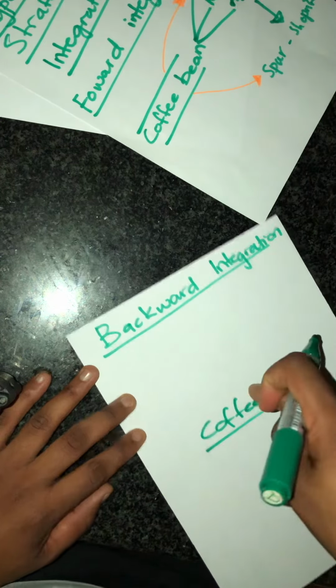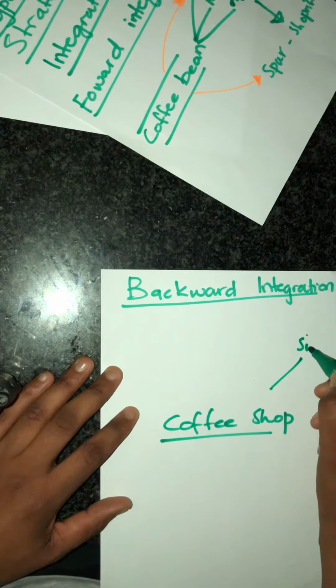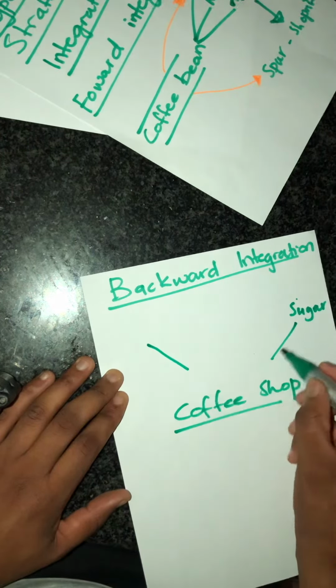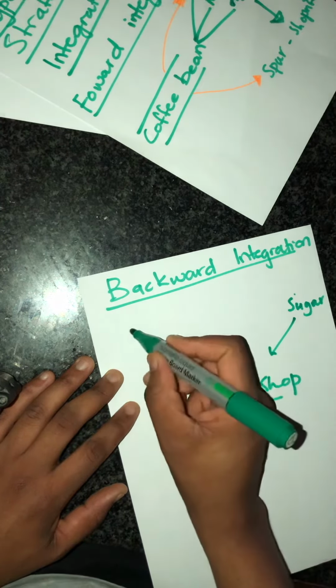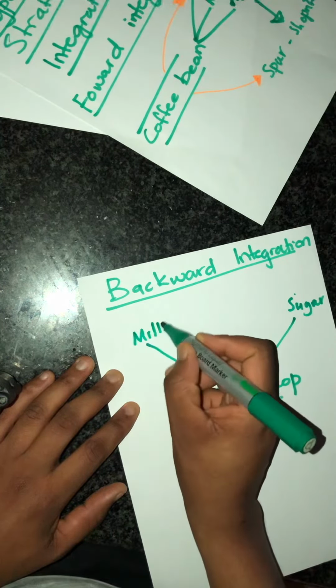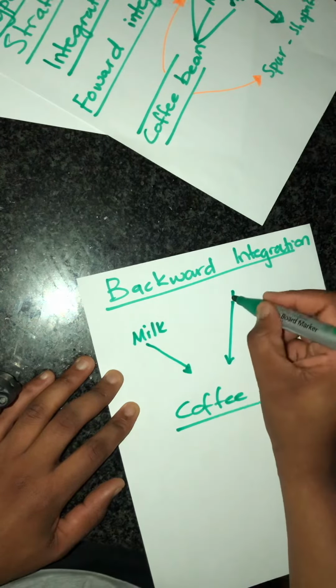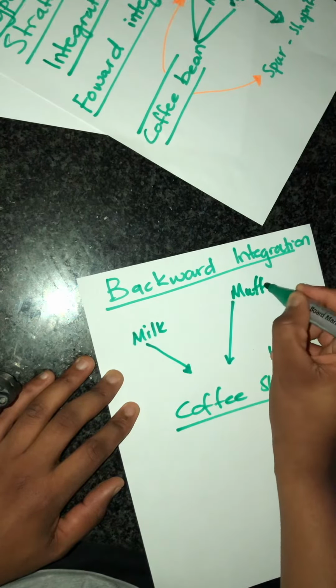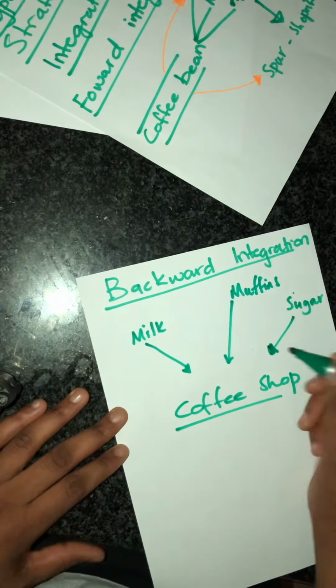Now, your coffee shop gets supplies of maybe your sugar, or your milk, and could be your muffins as well. You don't make all this, but somebody supplies it.